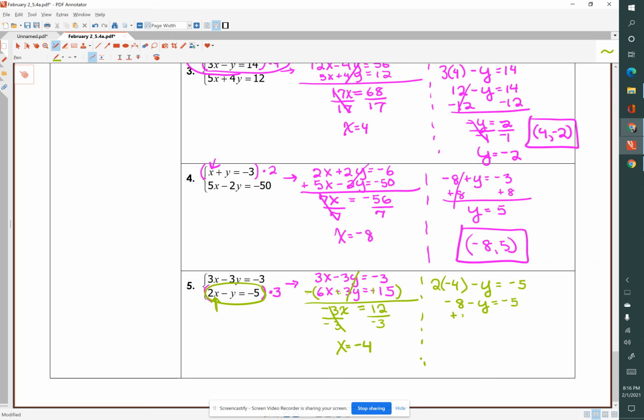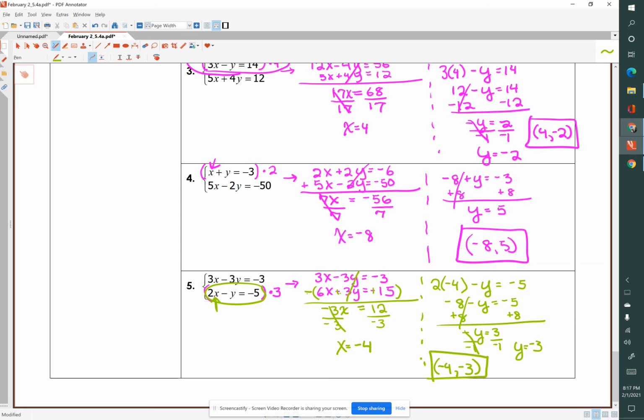I will add 8 to both sides of this equation, and negative y equals 3. Then I will divide both sides of the equation by negative 1, so I can get rid of the negative sign in front of the y, and y equals negative 3. And our ordered pair is negative 4, negative 3.